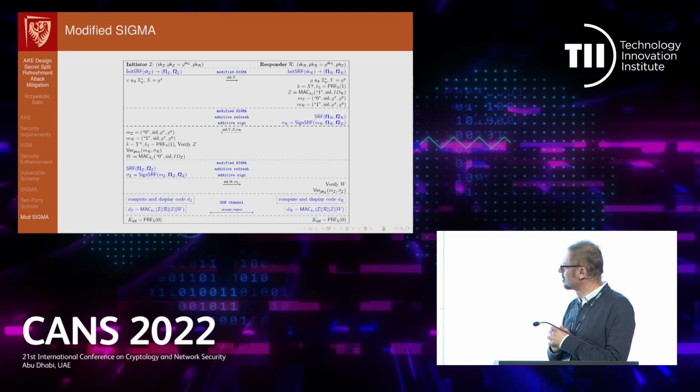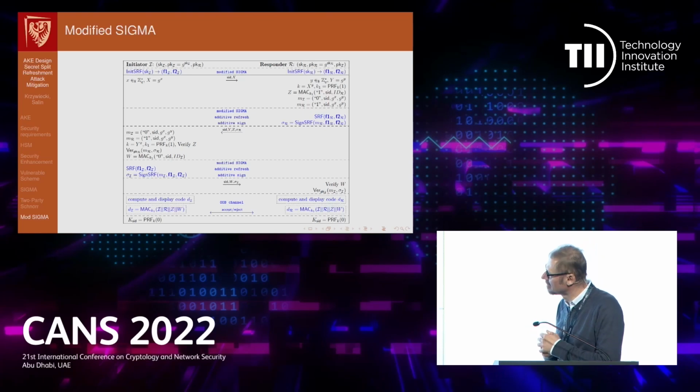And then instead of just having a regular sign, we run a refreshment procedure in both HSMs of the responder and the initiator. And after refreshment, we just sign the message that normally would be signed by the regular signature scheme. So we sign that with the help of both HSMs.